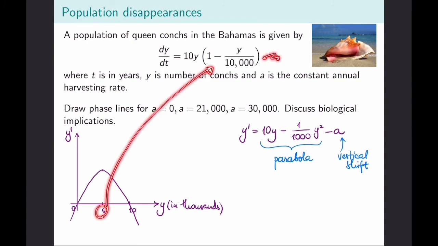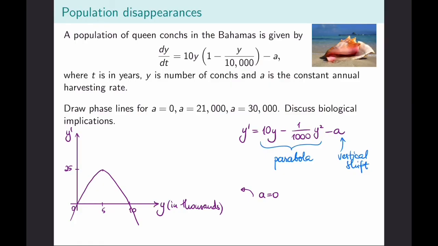Remember that I'm drawing for a equals 0, and I can compute how high this point actually is. This will turn out to be 25 here. So this is now the general sketch of the phase diagram that corresponds to a equals 0. So this is a equals 0, no vertical shift.